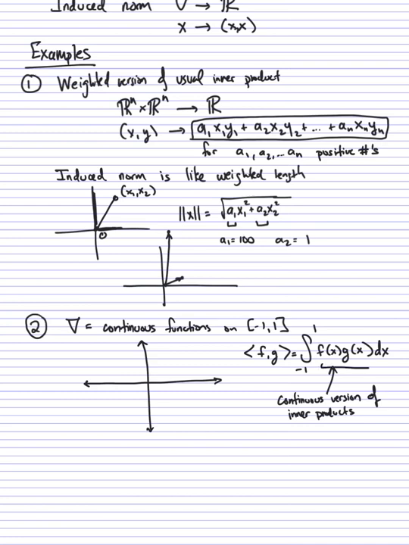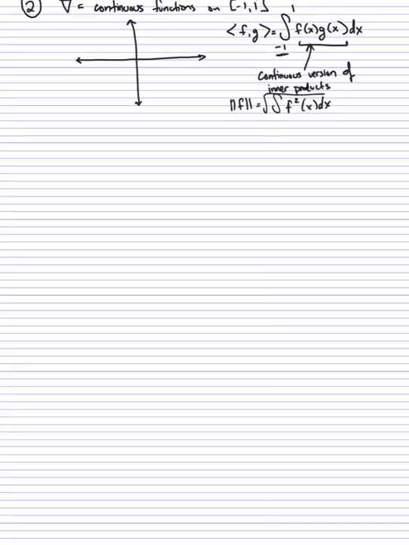Here you're taking the product of the values and summing them up, but now they're continuous functions, so instead of summing, you just integrate, okay? So therefore the corresponding norm, the size of a function, is just the integral of f squared dx, or the square root of that.